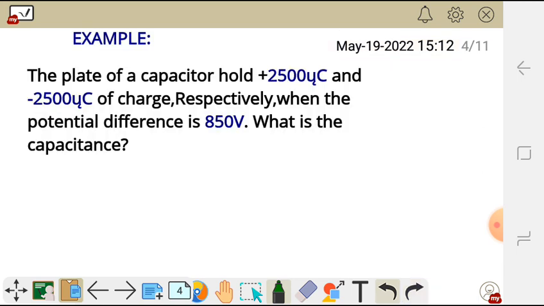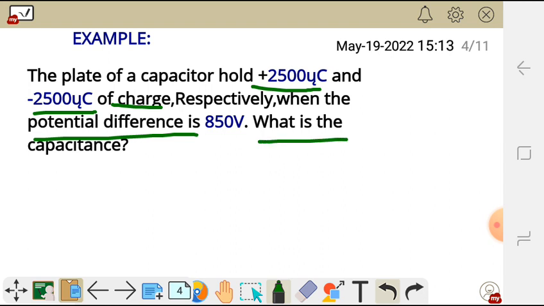So let's have an example. We see how we can calculate capacitance given the charge and the voltage. Our example says the plates of a capacitor hold positive 2500 microcoulomb and negative 2500 microcoulomb of charge respectively, when the potential difference is 850 volts.